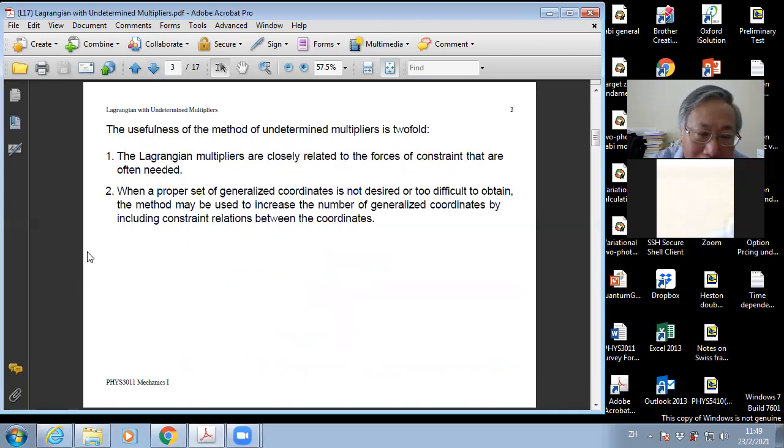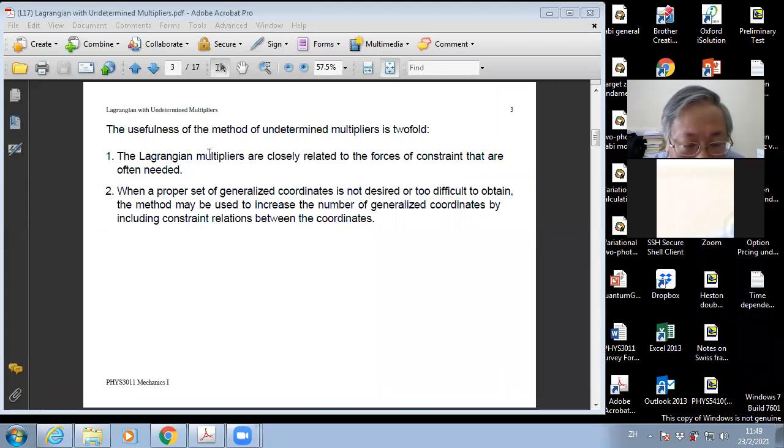Now, the usefulness of the method of undetermined multipliers is twofold. First of all, the Lagrange multipliers are closely related to the forces of constraint that are often needed. Say, for example, the torque and also the downward force for the example of a ring rolling down an inclined plane without slipping. Second, when a proper set of generalized coordinates is not desired or too difficult to obtain, the method may be used to increase the number of generalized coordinates by including constraint relations between the coordinates.